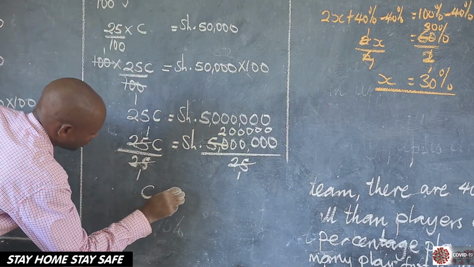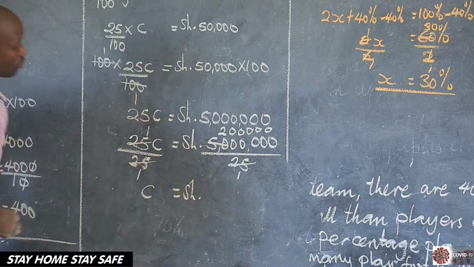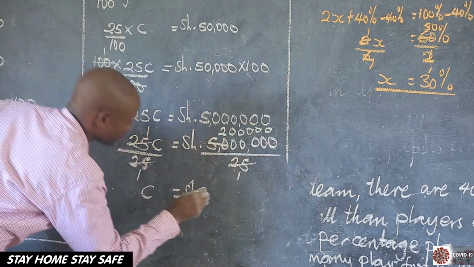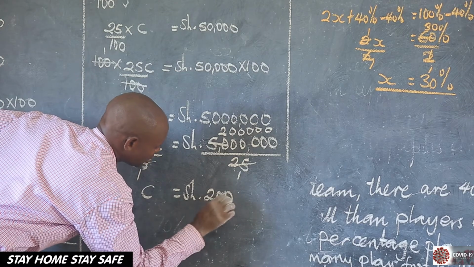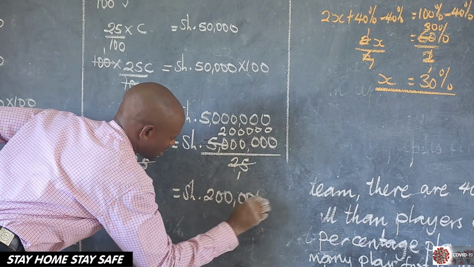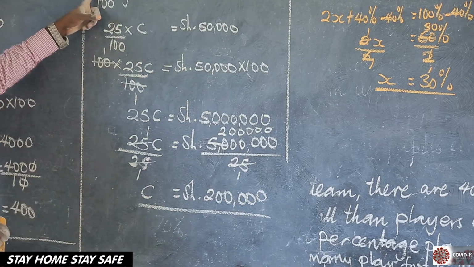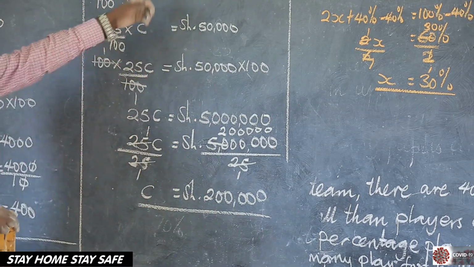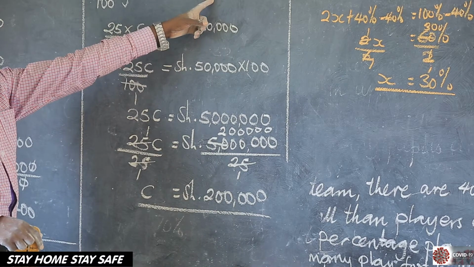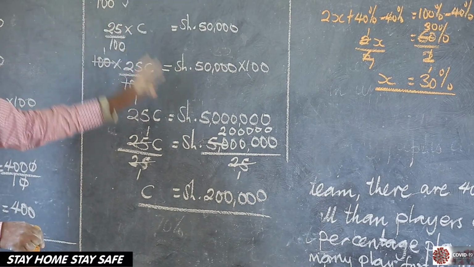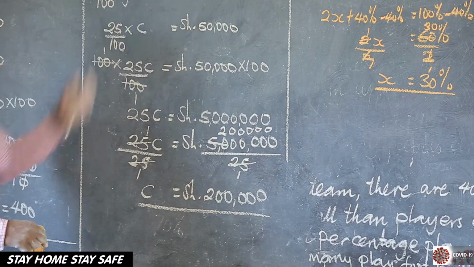Therefore, C is equal to, how many zeros are here? 1, 2, 3, 4, 5. Therefore, it becomes 200,000. And this one means that 25% of this money will give me 50,000 shillings. If you want to prove, get 25 out of 100 times this, you will get that one.